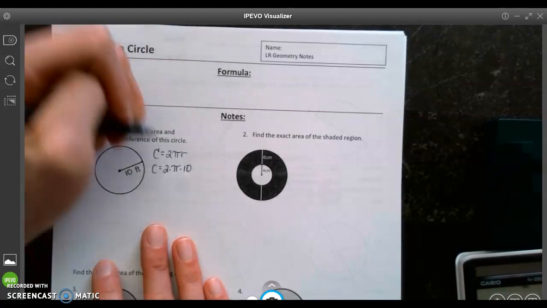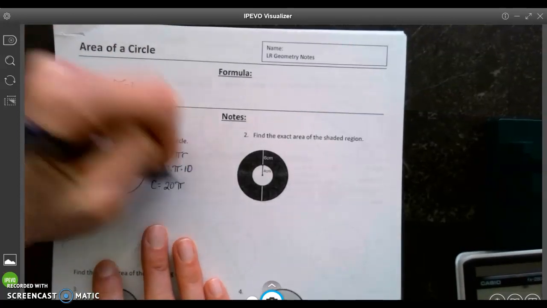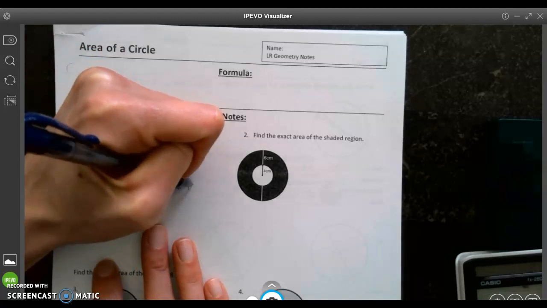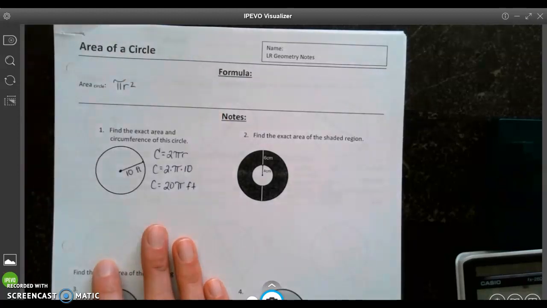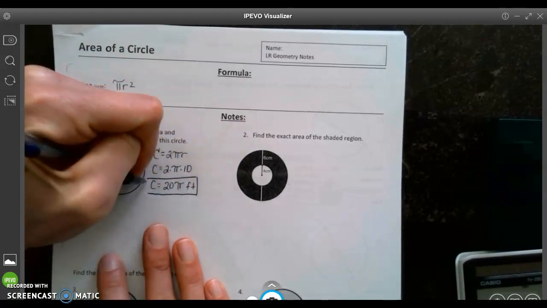I'm going to multiply the 2 and the 10 together to get 20 pi. That's my exact answer because pi is in the answer. So 20 pi feet. That's the circumference. So that's my answer for circumference.